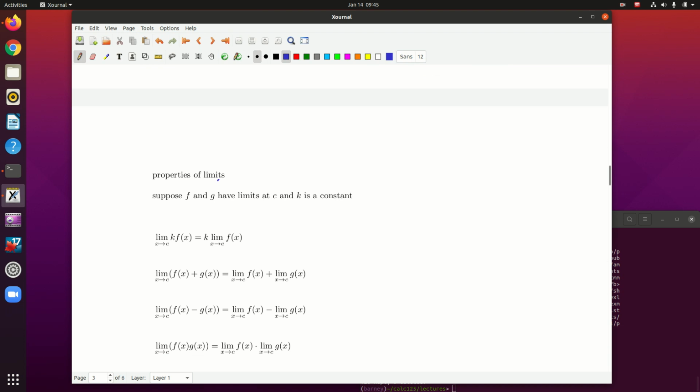Okay, limits have some properties. They make pretty good intuitive sense. So right now we're supposing that the functions f and g do have limits at the point C, and then we're just letting k be some generic constant like 2 or pi or 47. This is one of those things where to prove them carefully from the definition takes some effort.